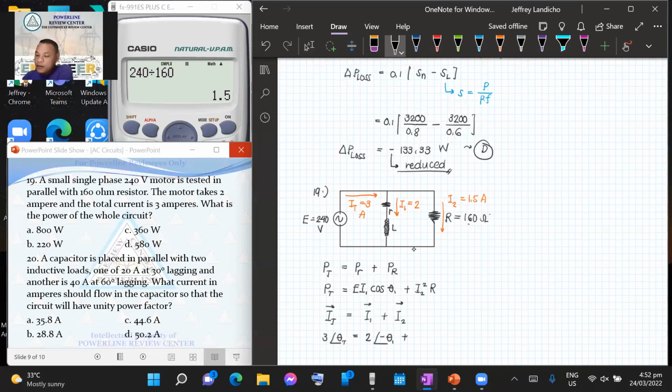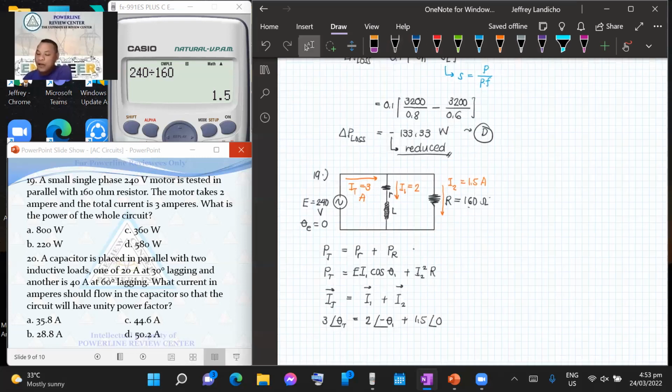So plus, since the second branch is purely resistive, so therefore, its given current 1.5. Anong angle? That is 0. Since our reference here, the voltage is at what? 0. So masosolve mo ngayon itong angle theta. Pag nakuha mo si theta, substitute na lang dito. You may compute that the total power you try to solve. The answer here is 580 watts.